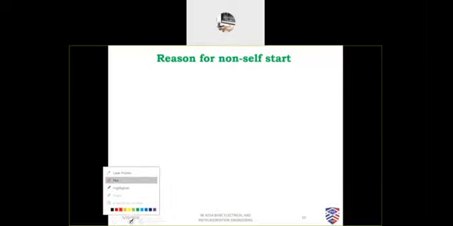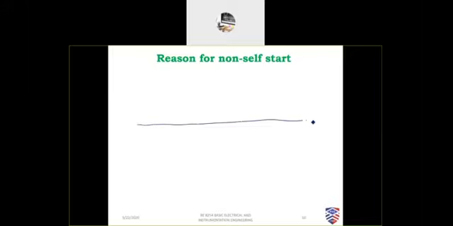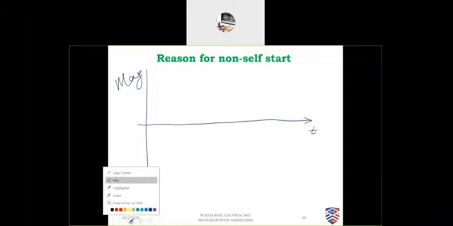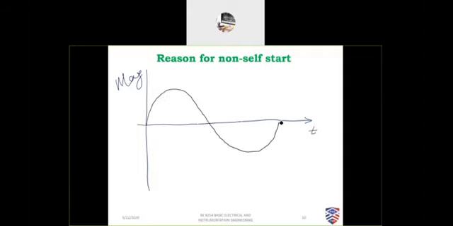So, the reason for not being self-starting. It is a 50 hertz signal.